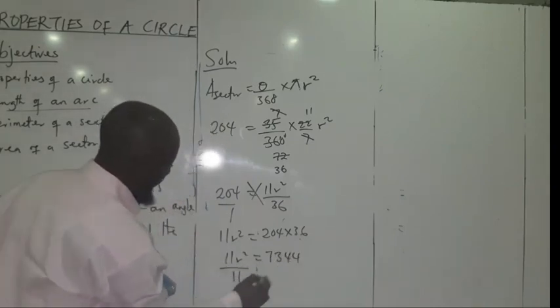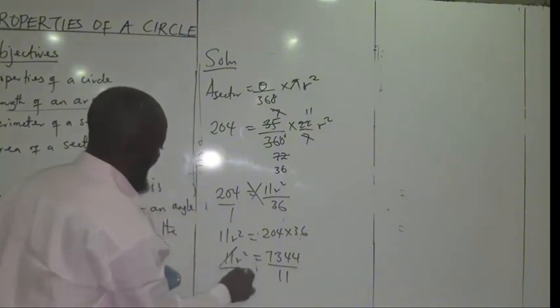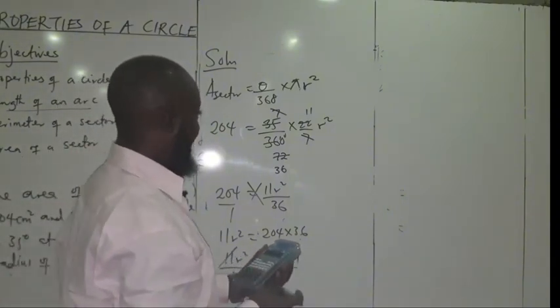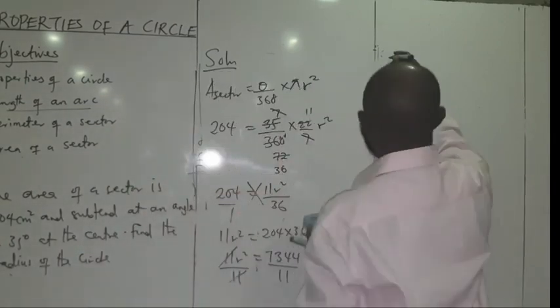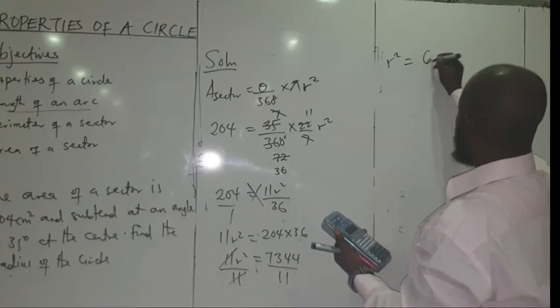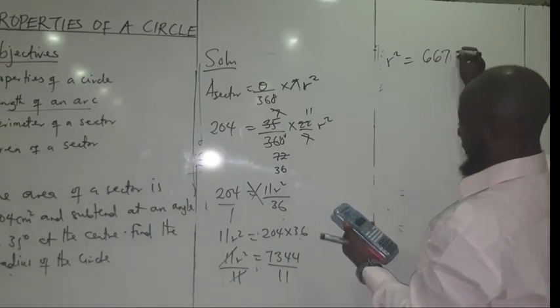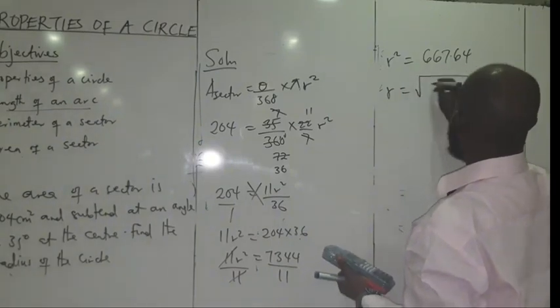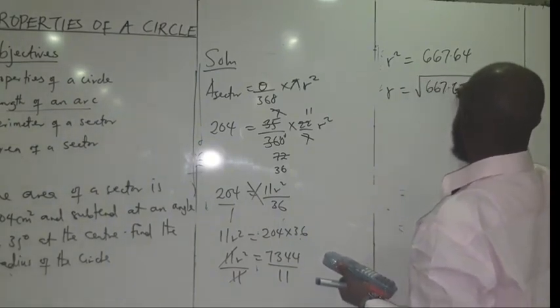Divide both sides by 11. So this cancels this. So that gives r squared equals 667.64. So r equals the square root of 667.64.